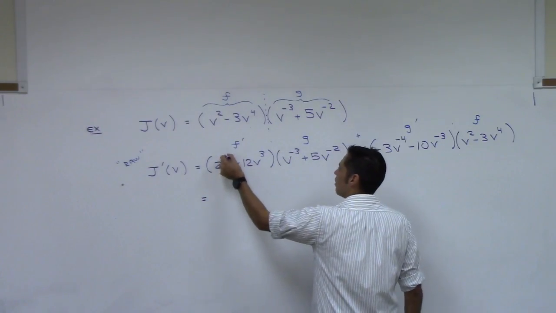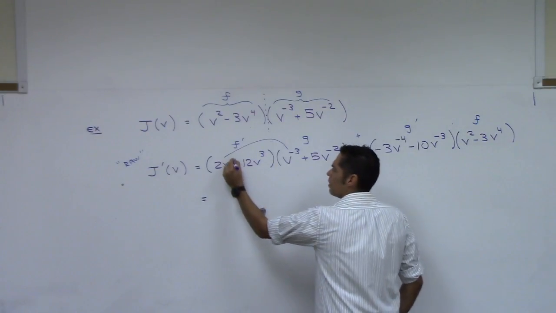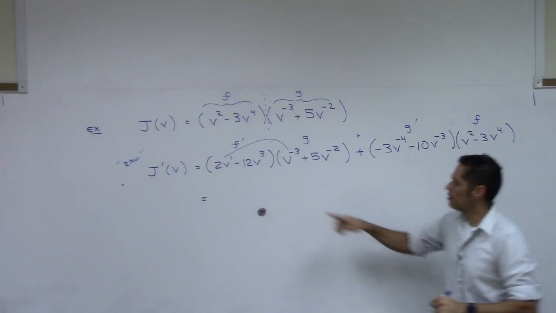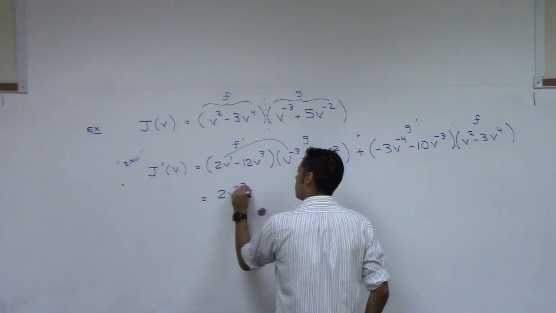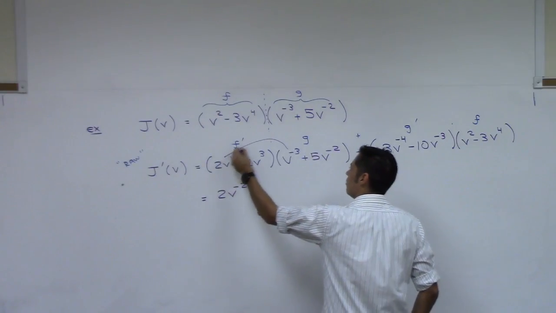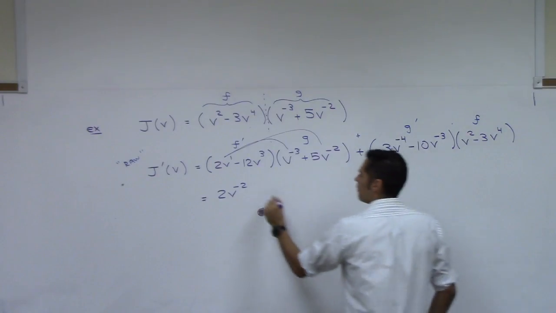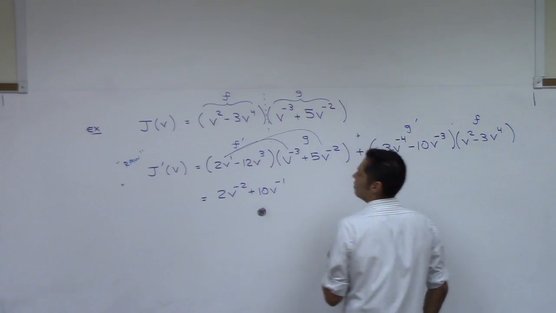All right, so what happens when I multiply 2v times 2v to the negative 3? You do 2v to the negative 2, so you're adding the powers together. You have a 1 here and a negative 3 here, so it's 2v to the negative 2. Okay, how about when I do 2v times 5v to the negative 2? So plus 10v to the negative 1, okay?